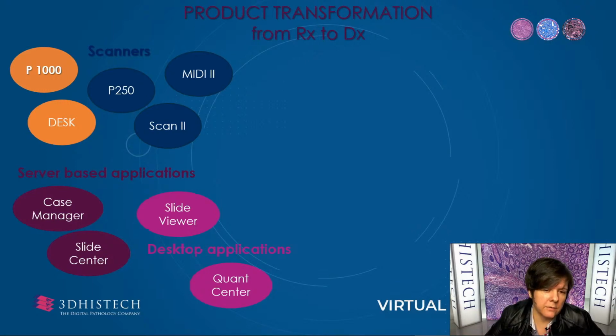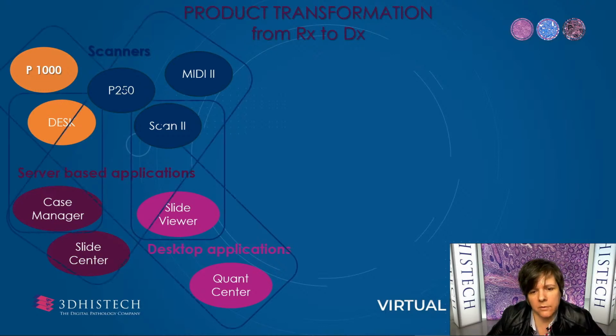3D Histech's product portfolio is very complex. We offer flexible solutions to our customers. There are 6 scanner types with different capacities and capabilities. Some of the scanners are capable of fluorescence scanning, and some of them have no equipment for it.